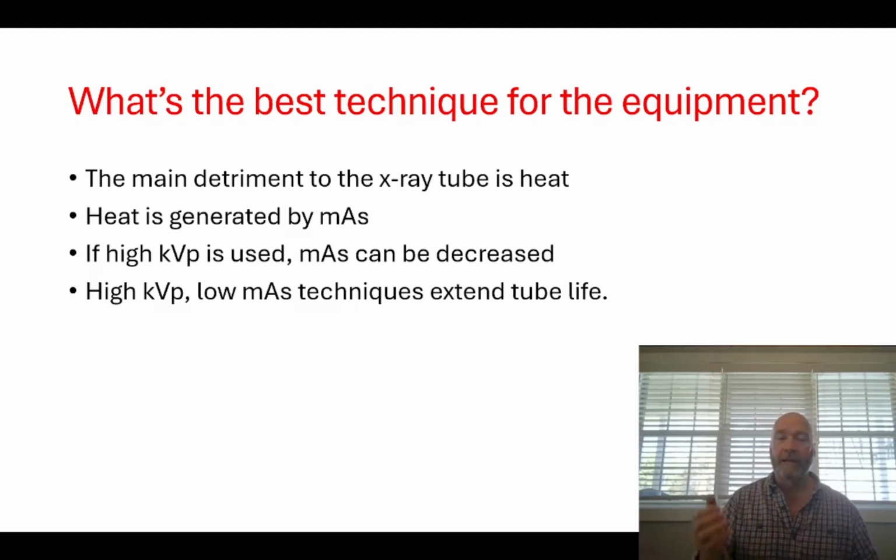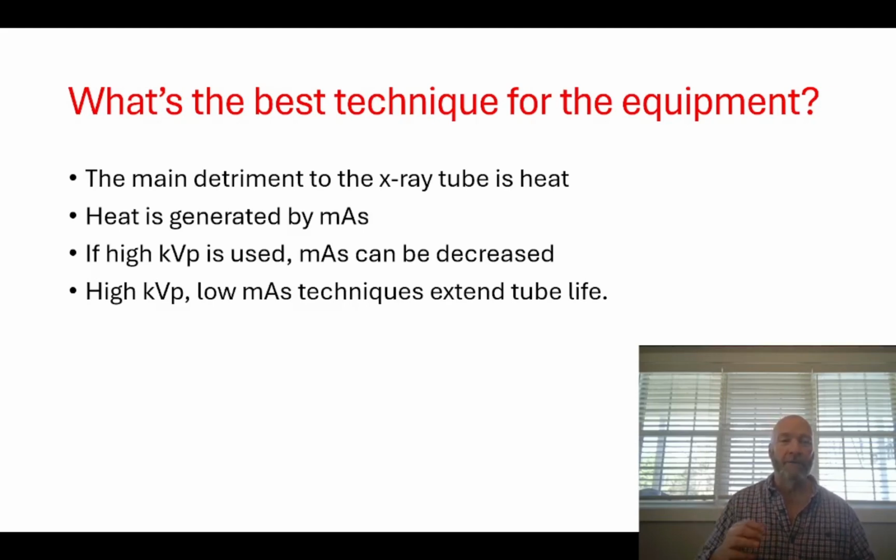With a stationary anode, what we can do is melt the face of the anode and create what we refer to as pitting, which is going to cause some irregularities in density and probably some issues with sharpness or recorded detail. Also, if you make a high mass exposure on a cold target, it has the same effect as throwing hot water on a frosty windshield, and it could potentially break your anode.